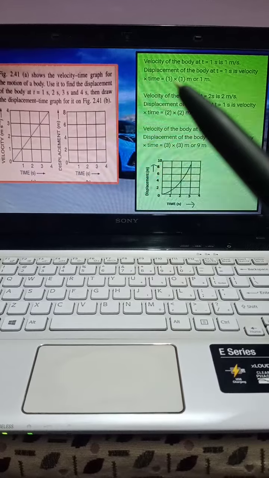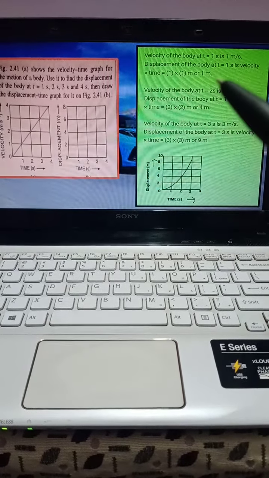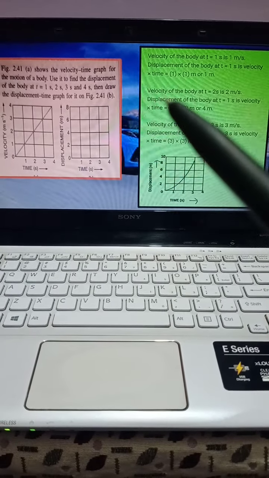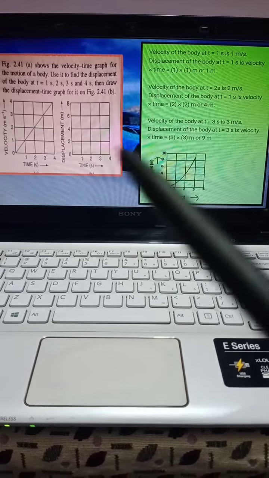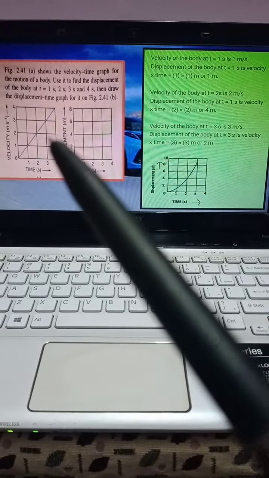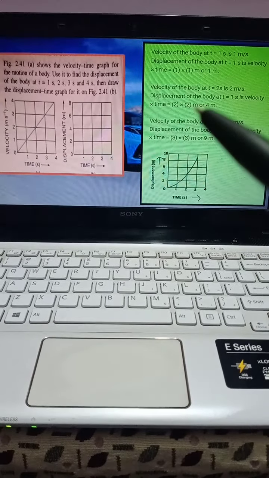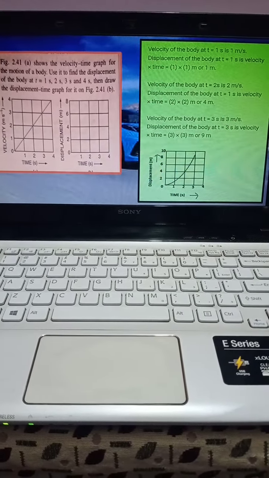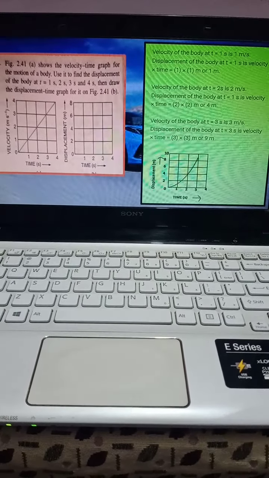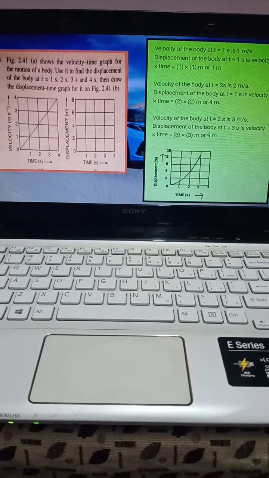Velocity is 1 and time is also 1, so it becomes 1 meter. Then at t2 second, we find the displacement. The displacement of the body is equal to 2 into 2, so it becomes 4.